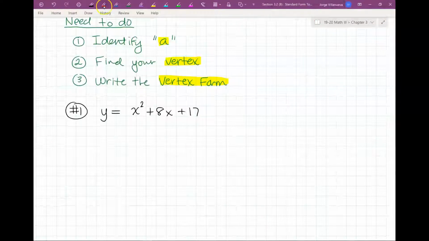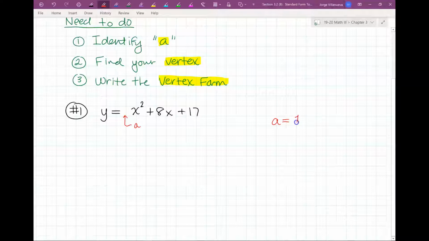What's my A term here? What's A equal to according to this? Well, I'm going to look for it right there. Okay, so A is equal to, well, since there's nothing there, A is equal to 1. So that's really easy, guys. There's no reason why you can't get that step done. It's super easy. Look at number 2.